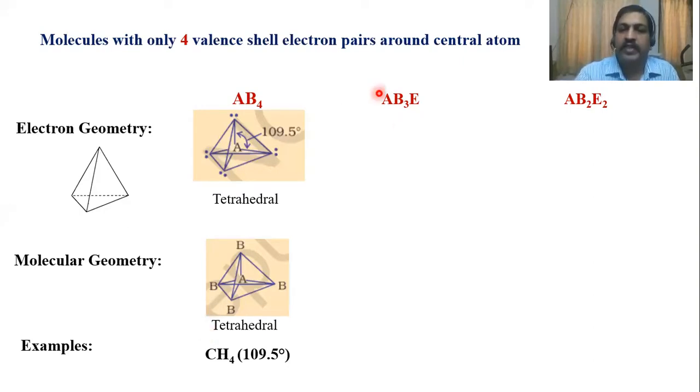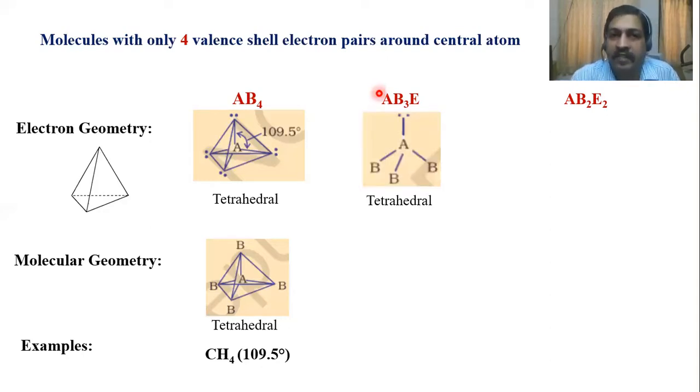The electron geometry is again tetrahedral. So for a given number of valence shell electron pairs around the central atom, the electron geometry is fixed. If the number of valence shell electron pairs around the central atom is 4, the electron geometry is tetrahedral. So whether it is AB4 type or AB3E type or AB2E2 type, the electron geometry is same, it will be tetrahedral.